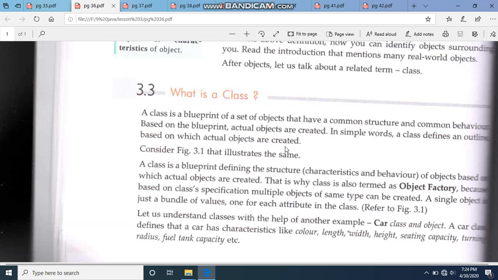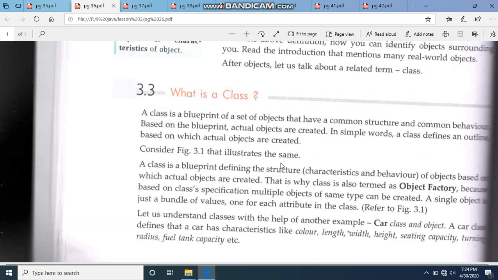Before we go further, I'll give you an example. Suppose you are going to create a bulletin board for your class. The ideas and the rough sketch which you make on your paper, that is the blueprint. And when you actually design it, that is the object.